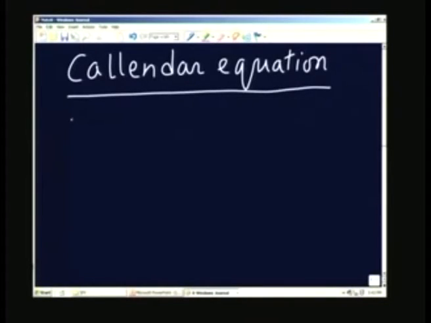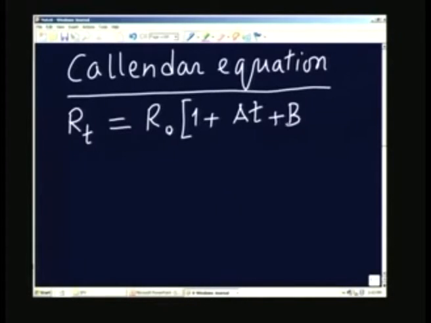So, I said that the resistance of the thermometer, I will say RT, is the resistance of the platinum resistance thermometer at any temperature T, can be written as R naught into 1 plus A times T plus a small nonlinear term, I will say it is equal to B T square, where B is very small compared to A. This is because of slight nonlinearity.